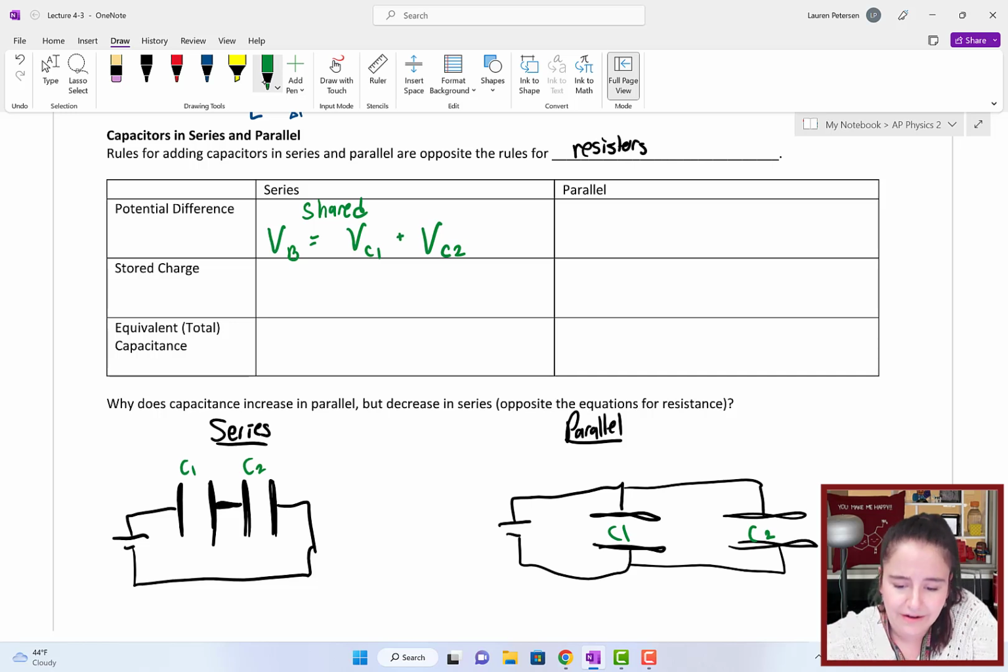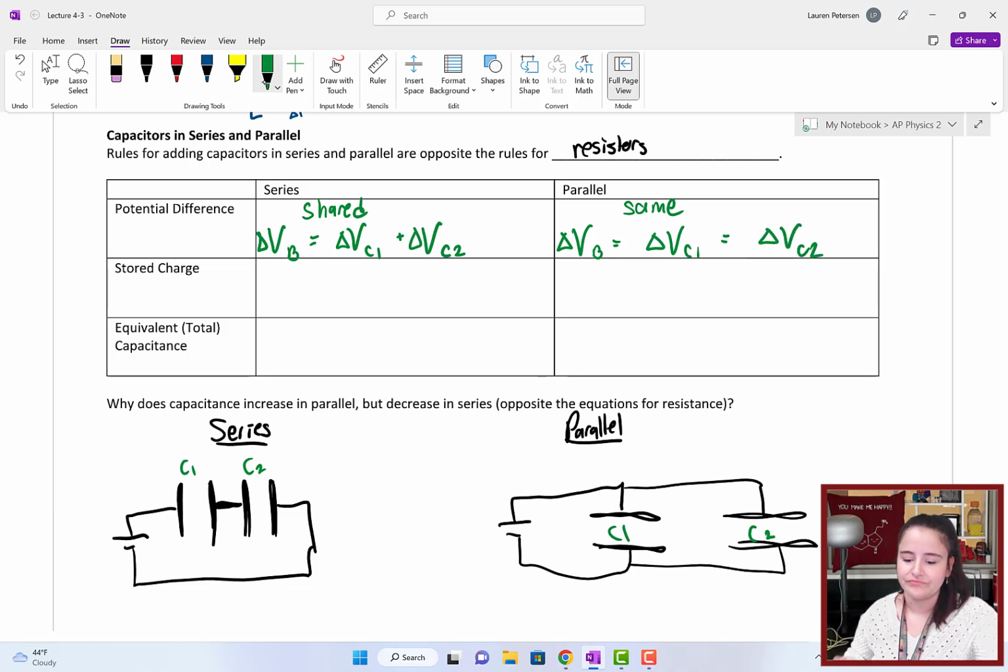In parallel, it's always going to be the same. So the change in voltage across the battery will equal the voltage drop across capacitor 1, which will equal the voltage drop across capacitor 2.